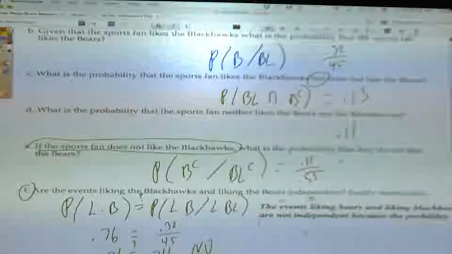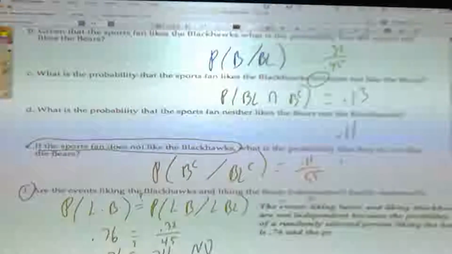because the probability of a randomly selected person liking the Bears is 0.76.